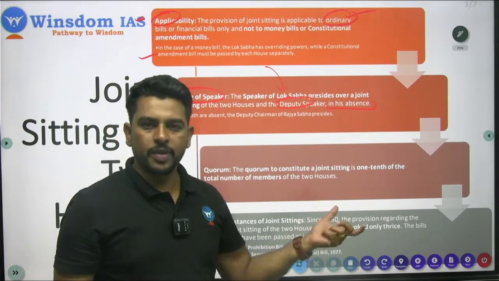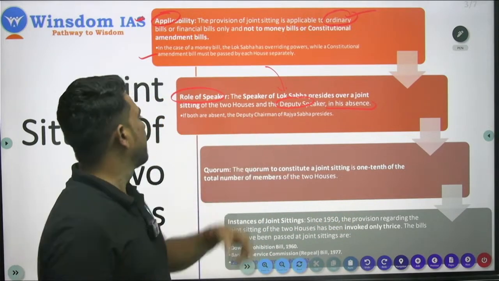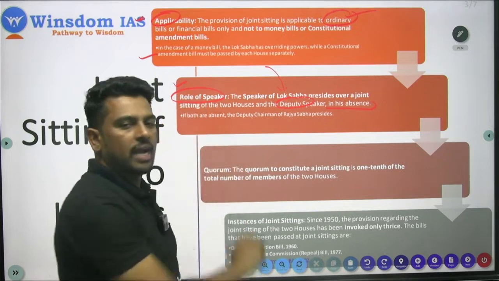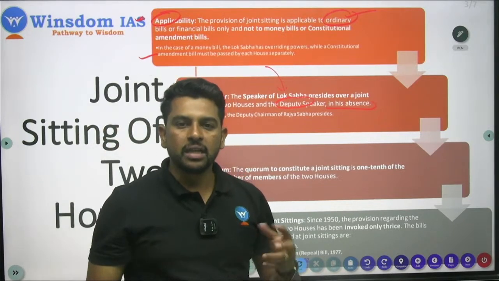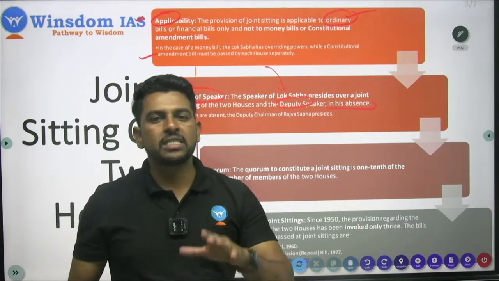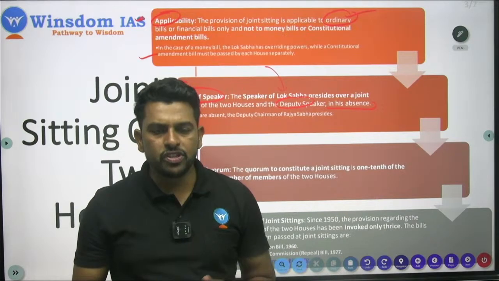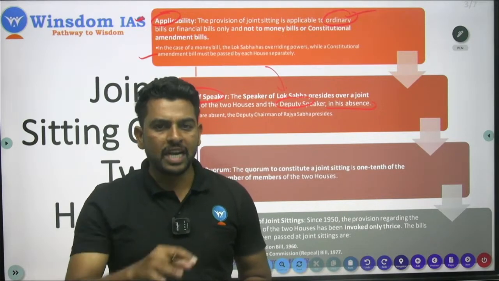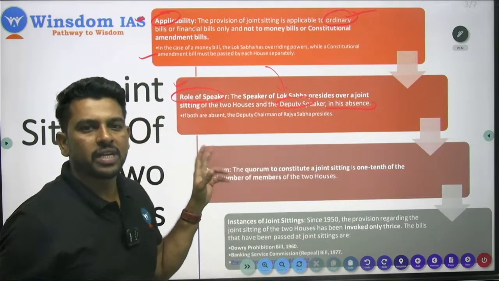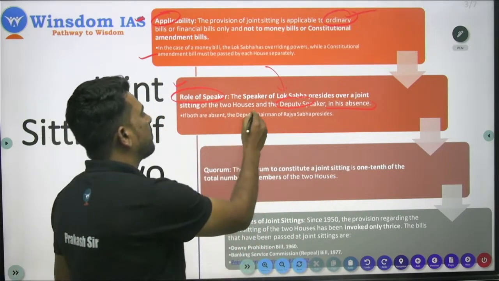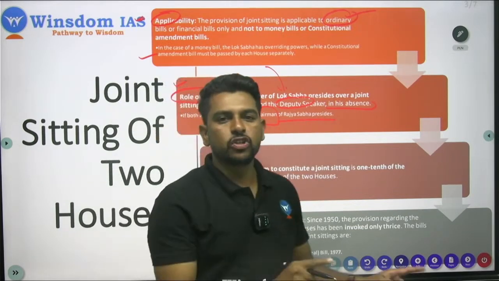And if the Speaker and Deputy Speaker are both absent, then who presides over the joint sitting? That is also a question that is asked maximum number of times in UPSC or state PCS exams. So remember, the Deputy Chairperson of the Rajya Sabha presides over the joint sitting.